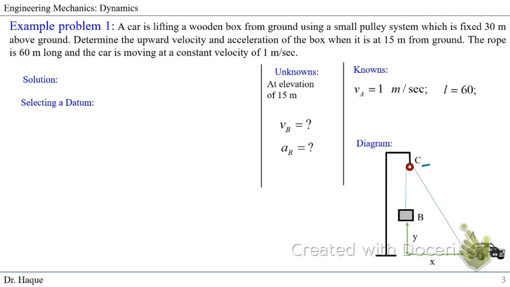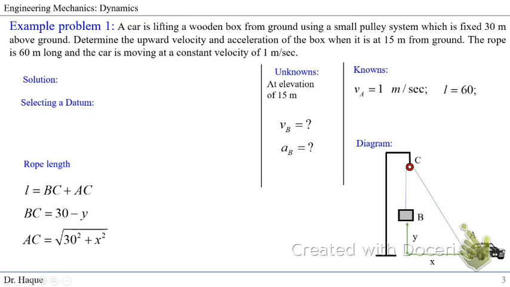We're going to take this point as the datum. The car distance will be measured along this arrow as x, and the box distance will be measured from this point as y. So this will be our datum, or our origin, to calculate the distance. Okay, so that's our datum.